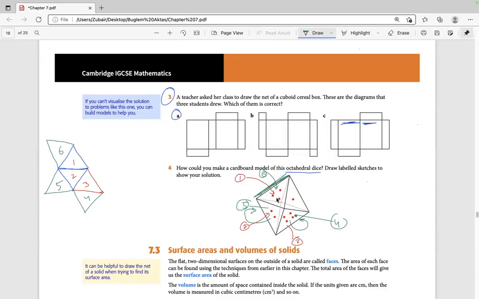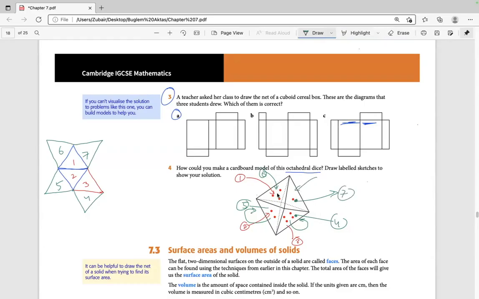Now if I'm looking at the same one, I know that this was between 1 and 2. This new side is between 1 and 6. The unknown side is going to be between 1 and 7. So we can draw 7 right here, which is this face out of the page. And now the last face, drawn beside 7.